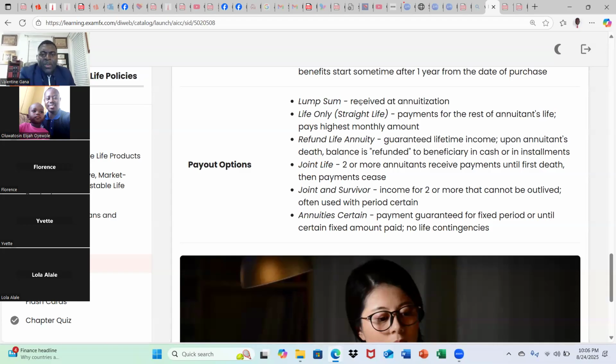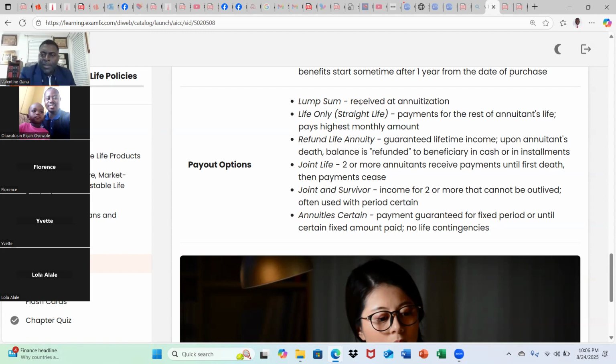There are various payout options. Lump sum, you receive the entire amount. Life only, which is a straight life annuity, you get paid money every year for the rest of your life. That's a life only option or a pure life option.